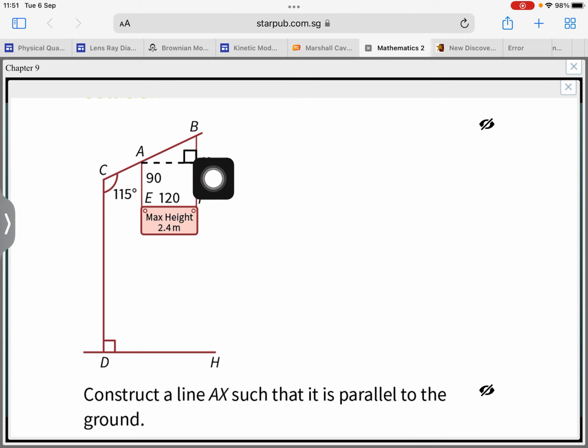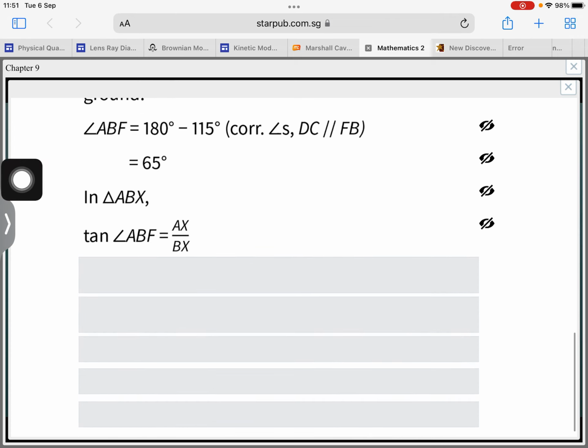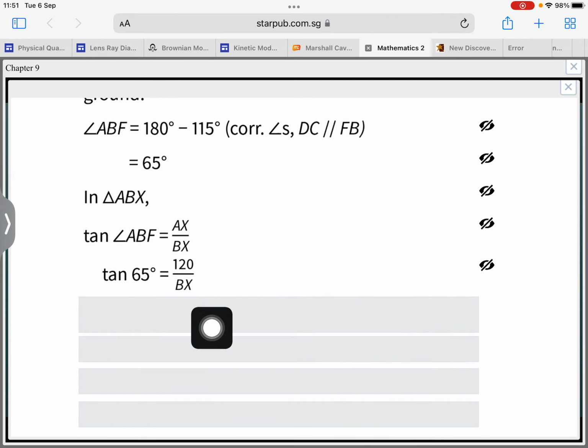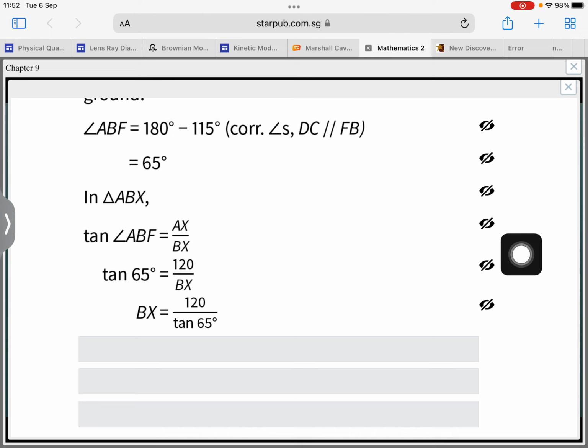Tangent, it's TOA: opposite over adjacent. So it will be 120, which is your AX, over BX, which is your adjacent. Substitute in, so BX will just be 120 over tangent 65 degrees.